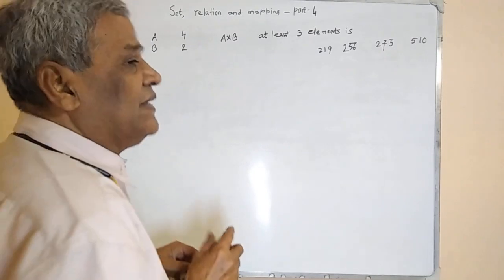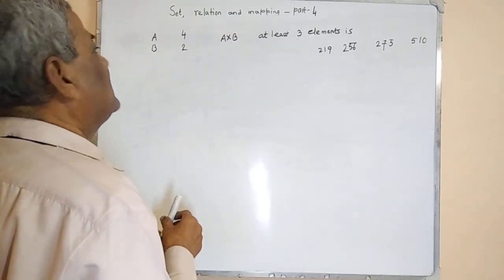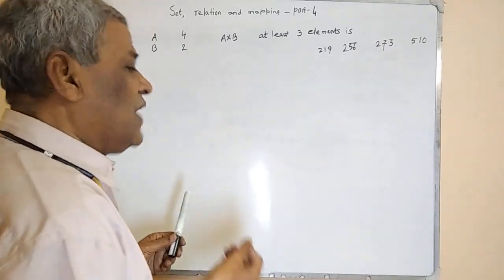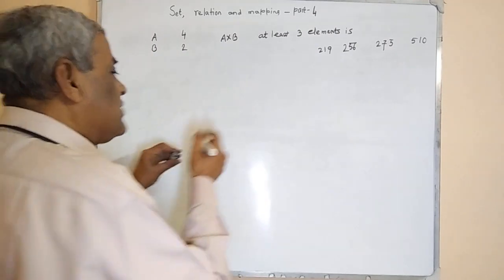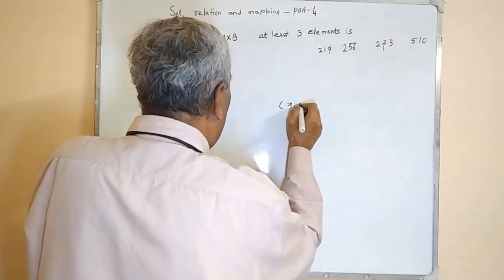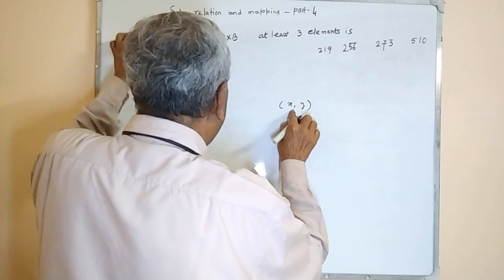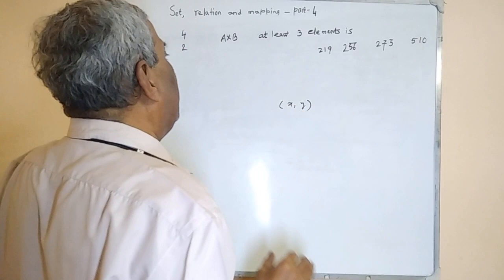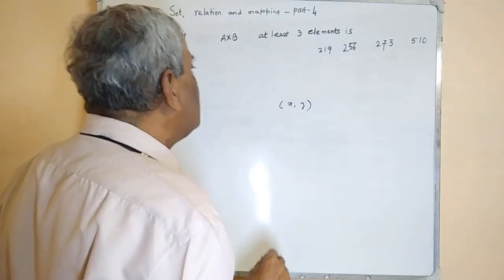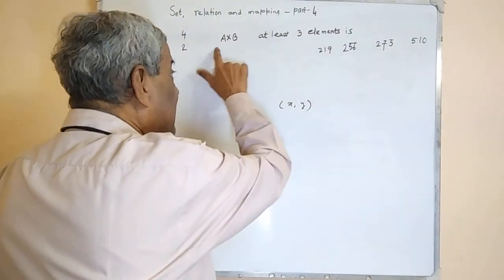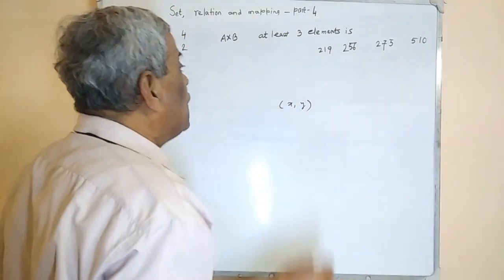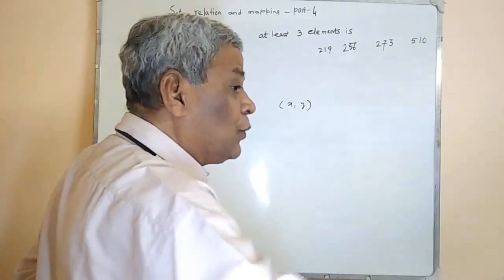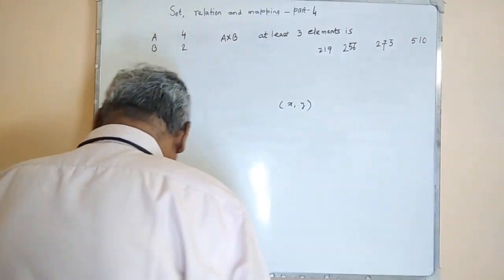A cross B is a set, the Cartesian product of A and B. Its elements are pairs x comma y, x belongs to A and y belongs to B. So we have to find how many subsets of A cross B contain at least 3 elements: 3 or more, 3, 4, 5, 6 and so on.